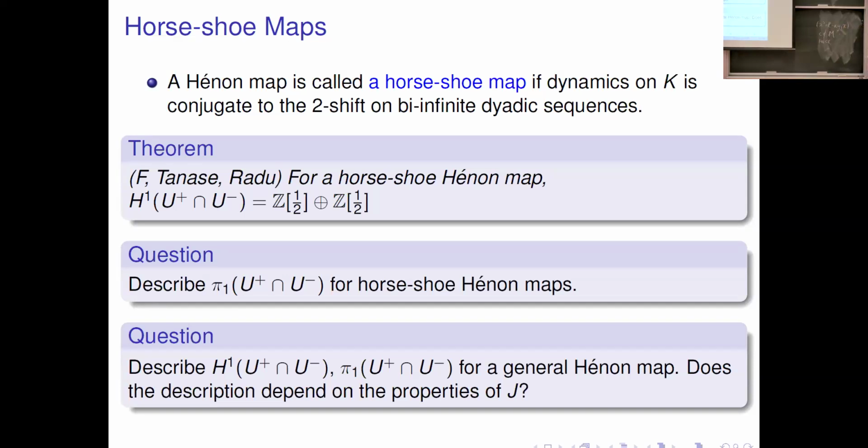So take a map outside of the Mandelbrot set and perturb it a little bit. When a is small, you can think of the Henon map as a perturbation of a quadratic polynomial acting on a parabola. So that's an example of a horseshoe map. The set of horseshoe maps is big.